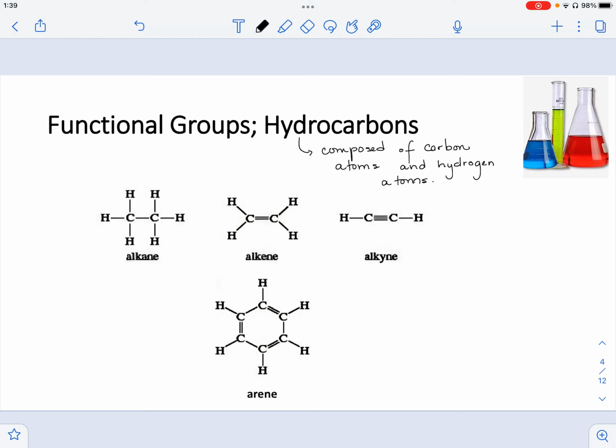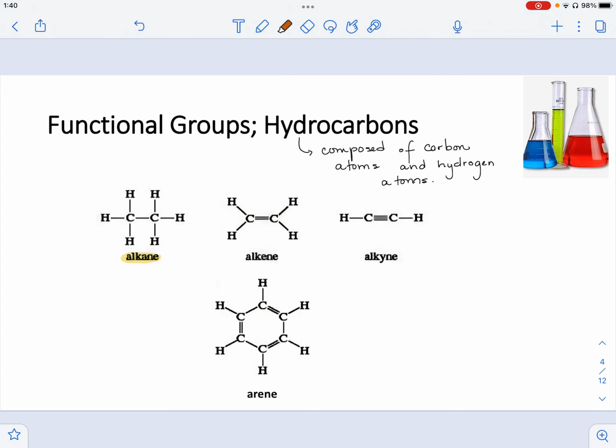Thus, the word hydrocarbons. Understand that in the family of hydrocarbons, the functional groups that are present are called alkanes, which is the one that I'm highlighting in yellow. And an alkane group is only going to have, as you can see, carbon-carbon and carbon-hydrogen single bonds.